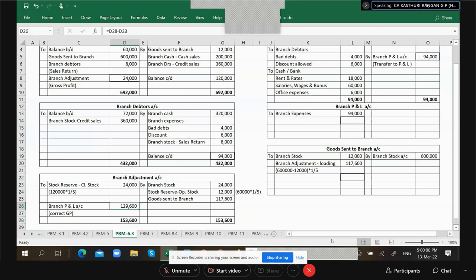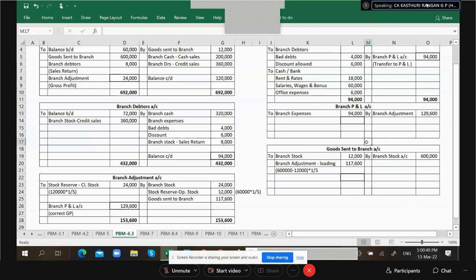See, it appeared that the profit is 24,000 only, but that is based on invoice price. The correct profit is after removal of loading. So the correct gross profit made by the branch, 1,29,600. What is the entry for that? Debit branch adjustment, credit branch P&L. Transfer entry, branch adjustment account debit to branch P&L account.